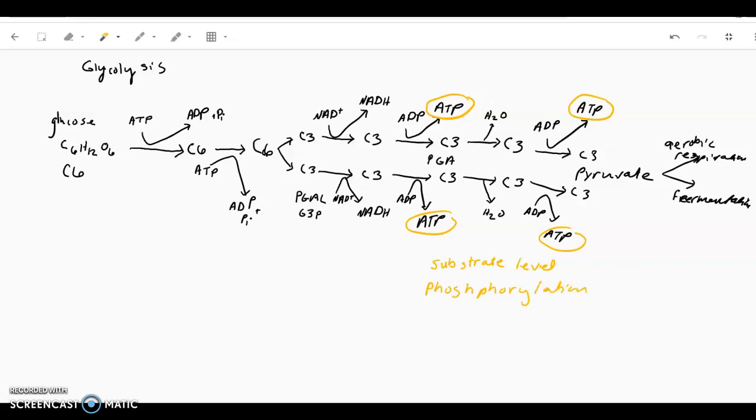And that simply means that we're going to use an enzyme to construct ATP here. And that ends our discussion of glycolysis, which occurs in the cytoplasm of bacteria and eukaryotes.